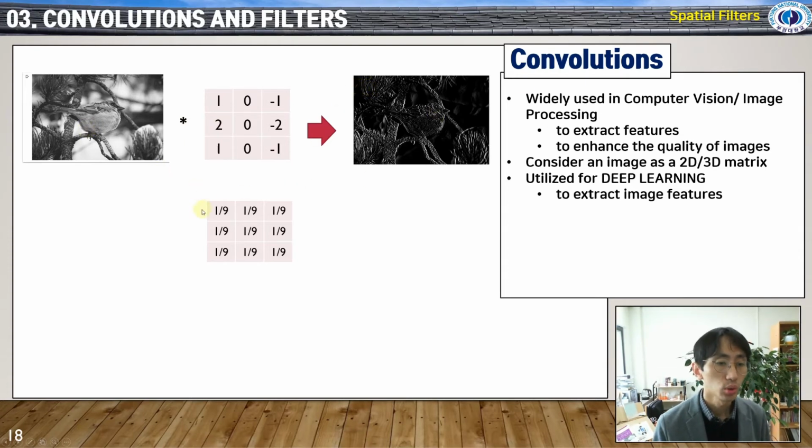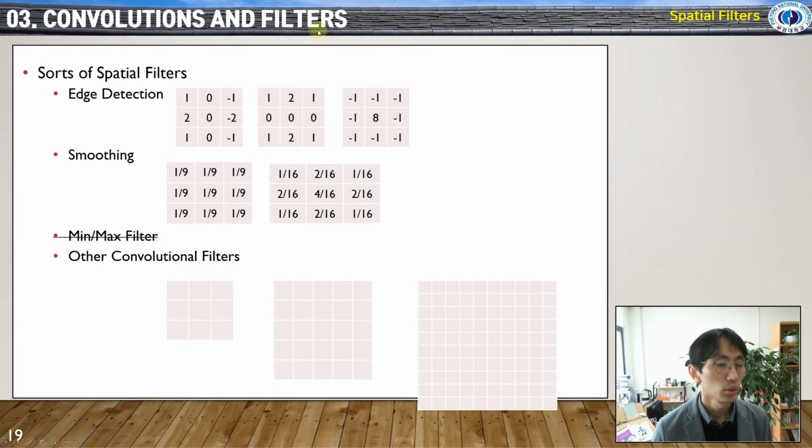Also, you can use this filter, and if you apply this filter to an image, then you have the smooth image here. So all the filter results I explained in the beginning of this class can be done with these filters, except the min-max filter.